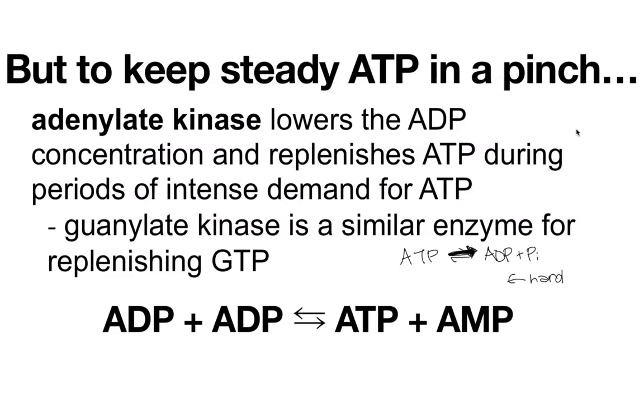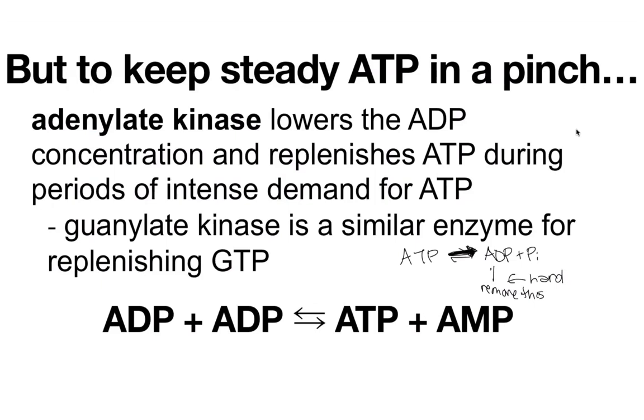But what if we remove this? If we remove this, what's going to happen? There's a couple of things that are going to happen. One is that we're going to make the reaction even more favorable in the positive direction, which is going to benefit the breakdown of ATP, which is not what we wanted.